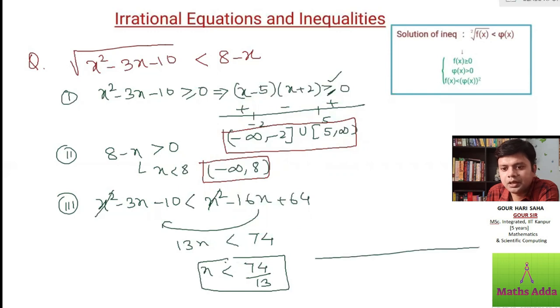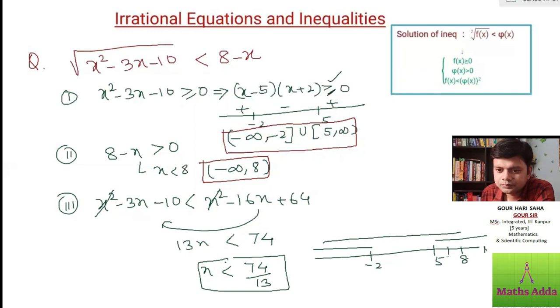So plot number line. First is less than minus 2 and more than 5 included. Then this is less than 8. Third one is 74 by 13. So it is between this.